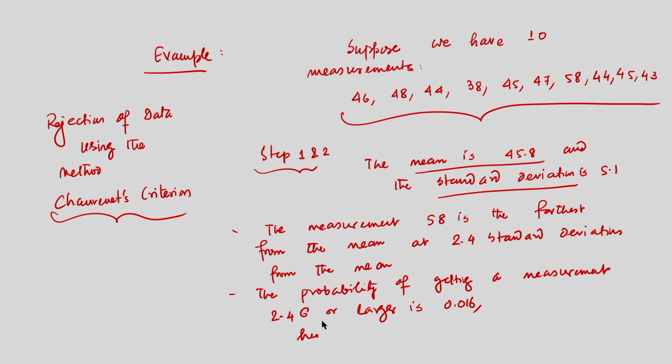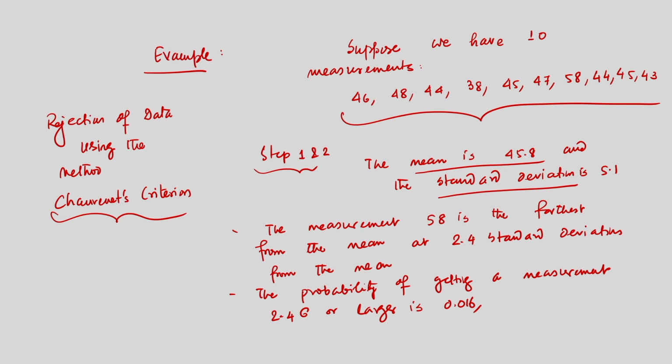If I now go to the next slide, we can see that we have calculated the standard deviation and mean, and the measurement 58 is the furthest from the mean, at 2.4 standard deviations. The probability of getting a measurement 2.4 sigma or larger is 0.016.